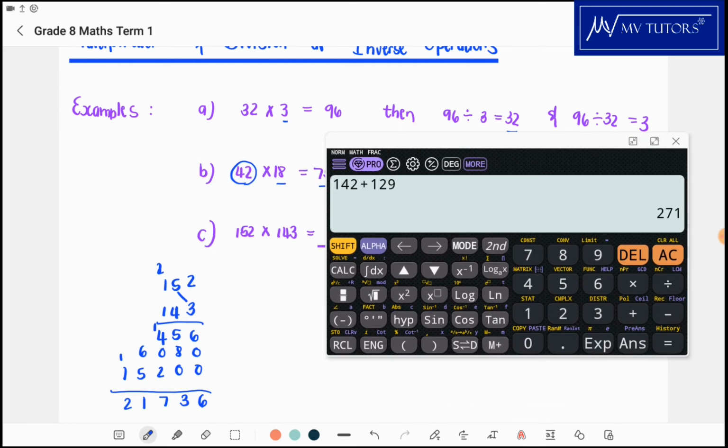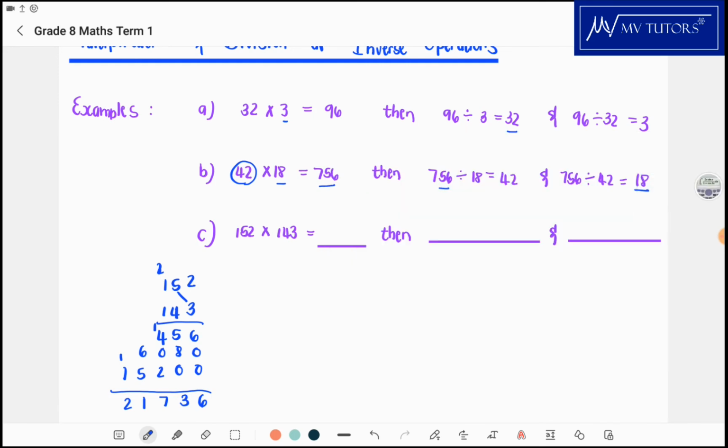Yeah, so in primary school, we didn't really use the calculator. I don't know if the teachers are going to allow you to use it here, and yes, we are right. I still got it. So the answer is 21,736. Then we can say 21,736 divided by 152 has to give us 143.